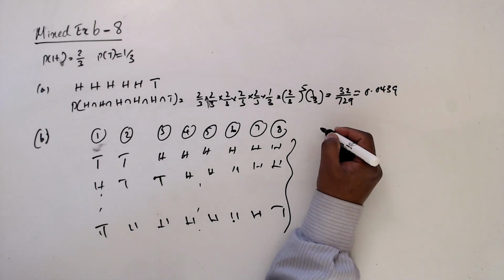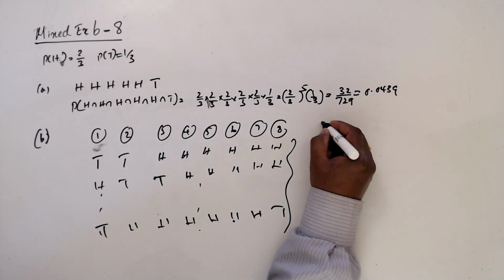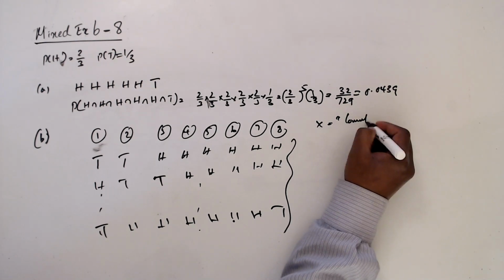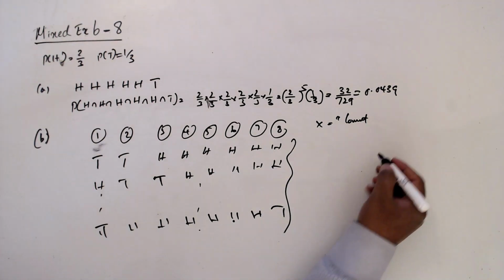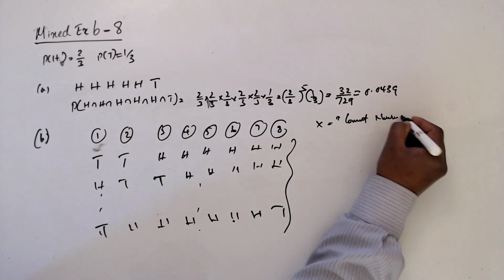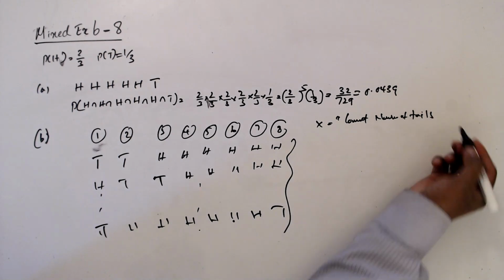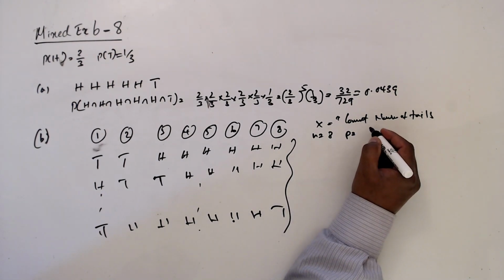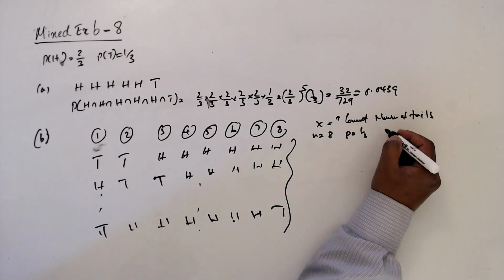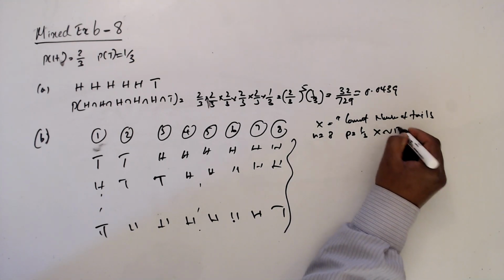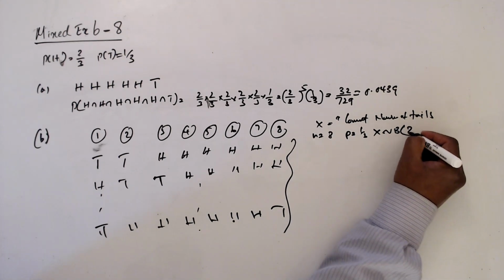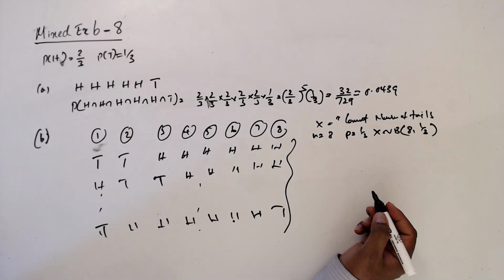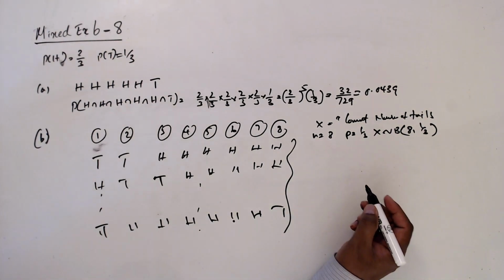So if we assume that X is the variable that counts the number of tails, not heads, then n equals 8, p equals 1/3, and this follows a binomial distribution B(8, 1/3).